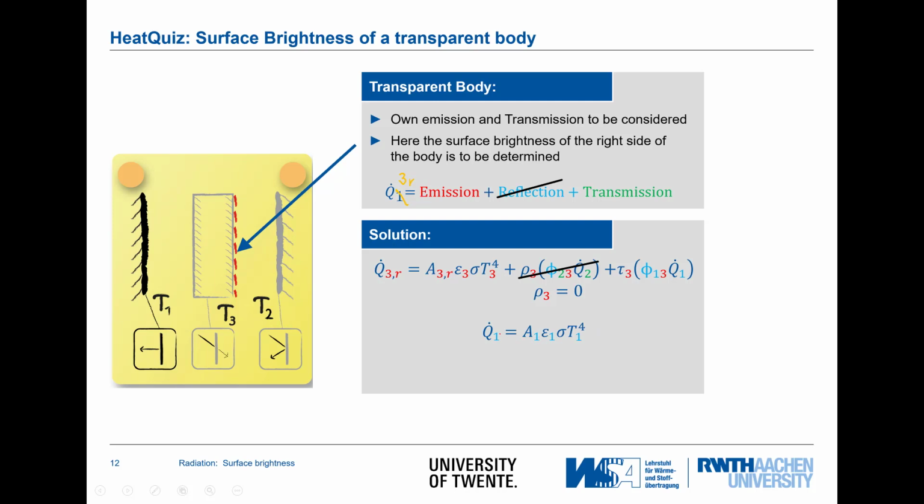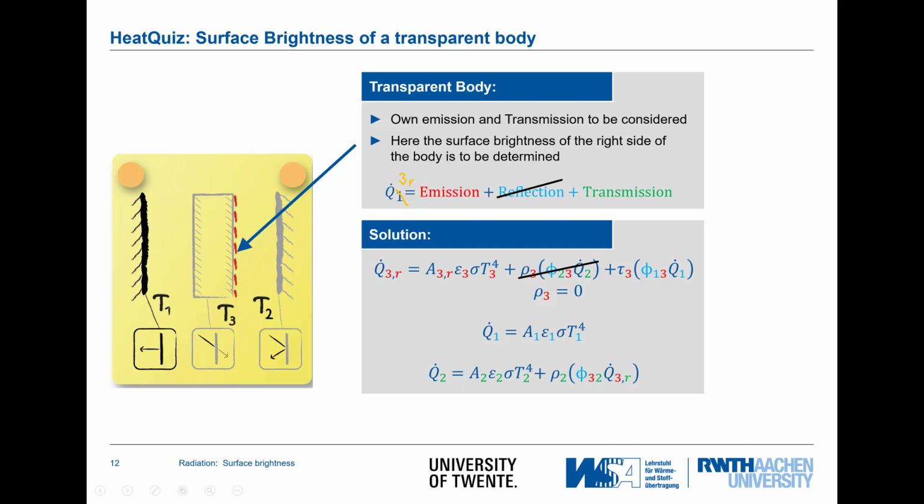The surface brightness of object 1 is a black body, it's just emitting, that's written down here, and for the sake of completeness, the surface brightness of 2 is containing emission and a reflection term as indicated by the little symbol here.